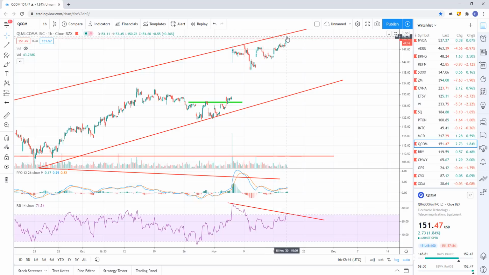So divergent highs have a high probability of failing. So if this gets rejected anytime soon, that will have proven to be another divergent high. And if I'm trying to short something when there's bearish technicals, I like to add or establish shorts at resistance with negative divergence in place.